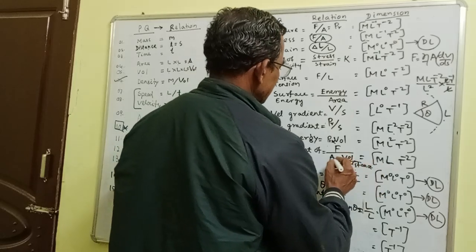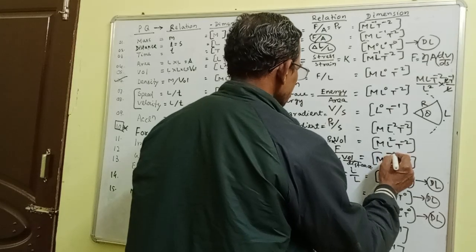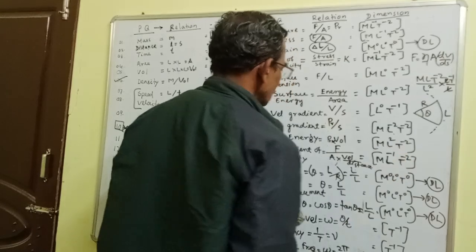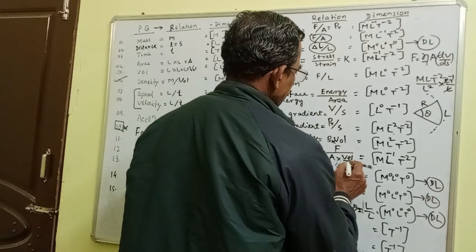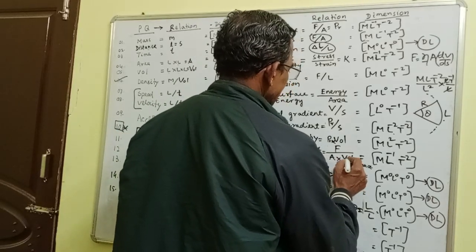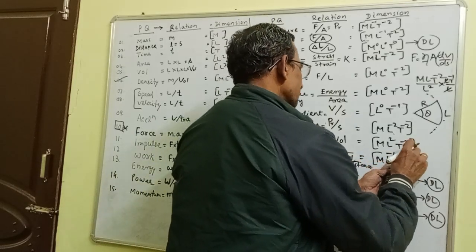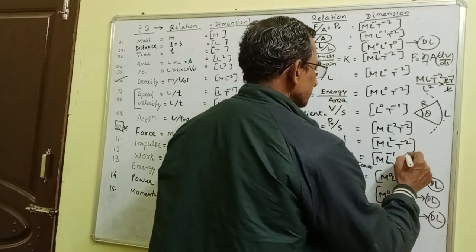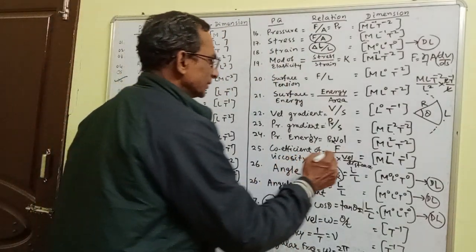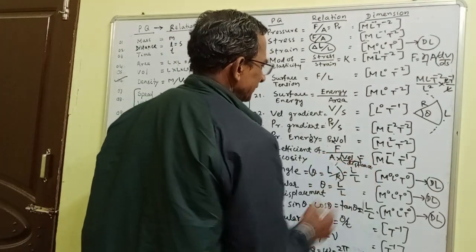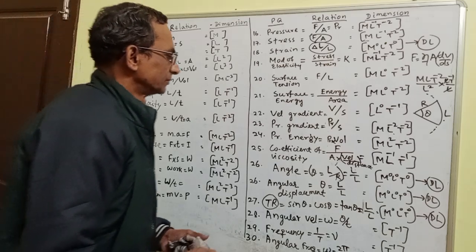When it is divided by area, it is ML minus 1 T minus 2. Again, when divided by the velocity gradient, T minus 1, it becomes ML minus 1 T minus 1. This is velocity gradient, or velocity per distance.